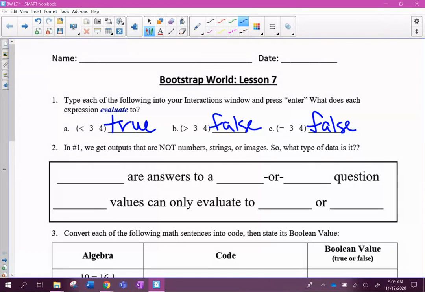All right, so we've already talked about 3 of our 4 data types. Today we're going to talk about that 4th data type. So in number 1, we get outputs that are not numbers, strings, or images. So what type of data is it? And this is called a Boolean.